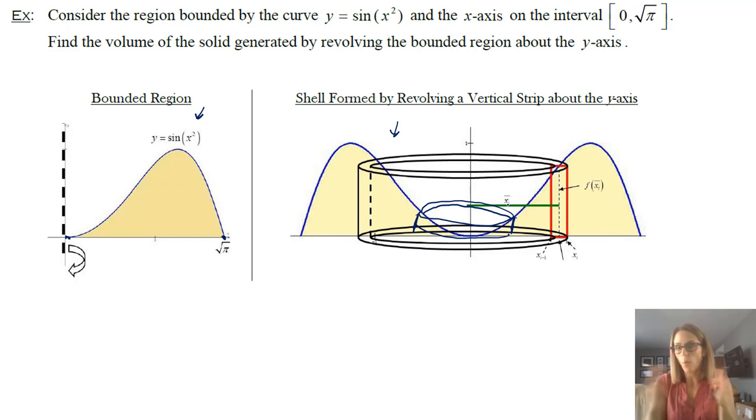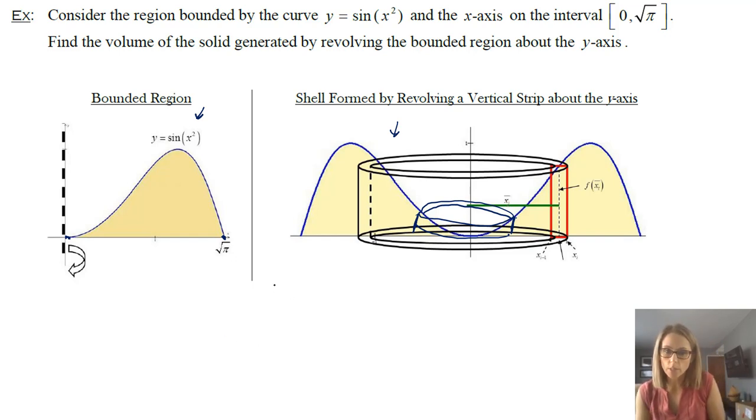So you just want to think about what is, in terms of x or y, depending on the orientation, the length and the height of that, and then your dx or dy, and then what are you integrating over. Okay, so this is what we're going to find.